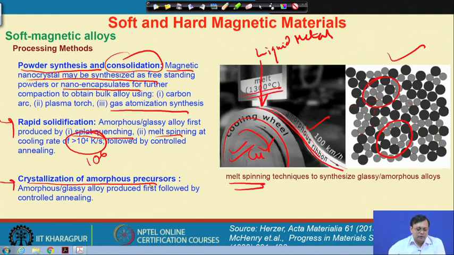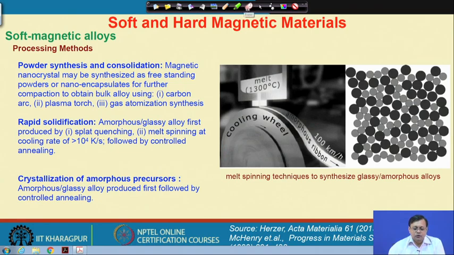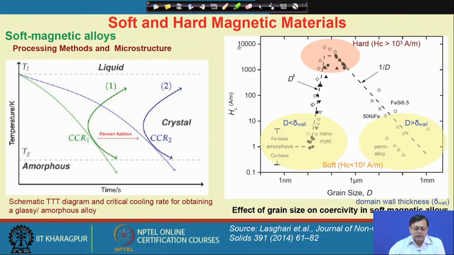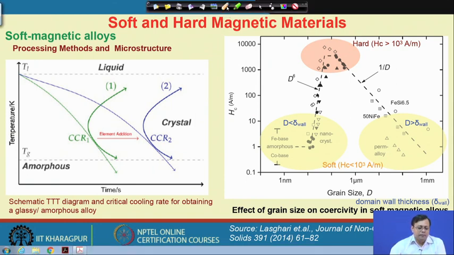So, these are very important aspects of processing of the soft magnetic material, and we can think about improving the processing technique by changing the CCT or TTT curve, that we have also explained during the glass forming ability improvement. So, I have a liquid and for a particular composition that I have designed, I have a CCT curve like that.